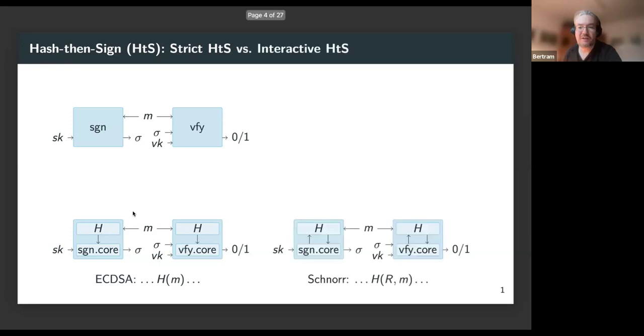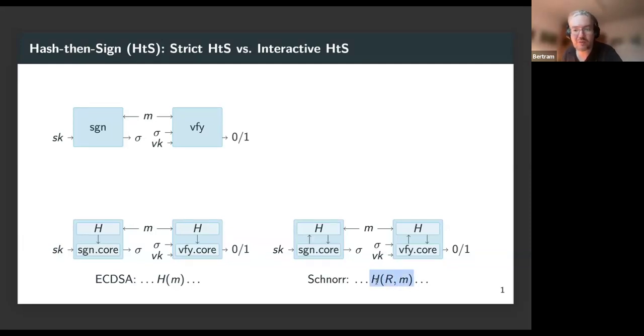Another class is a little bit more involved, and we call this the interactive hash-and-sign case. The one on the left that I just talked about was the strict hash-and-sign, because we hash first and then we go into the core. But Schnorr signatures, and everything that comes out of the Fiat-Shamir transform, have a little more complication in the hashing, because I need to plug g to the r, where r is the ephemeral randomness, into the hash function. So basically, I need H to be a random oracle.